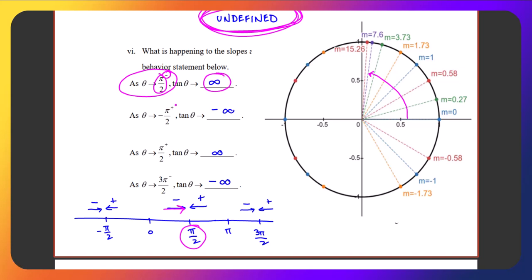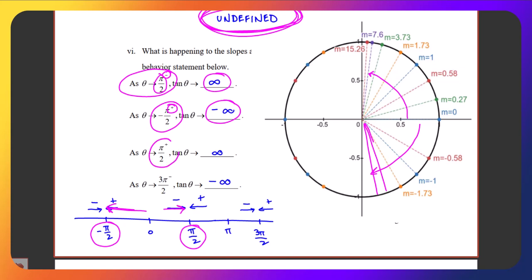If I approach negative pi over 2 from the right, that means I'm going from 0 to negative pi over 2. That's this way. The lines are getting steeper and steeper and steeper, but they're negative slope. They're going down. So that's negative infinity.